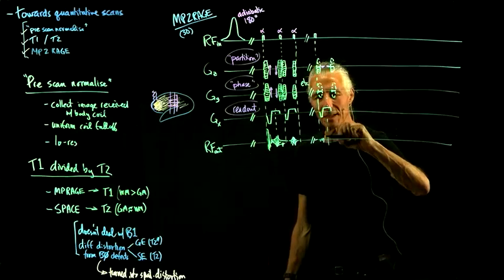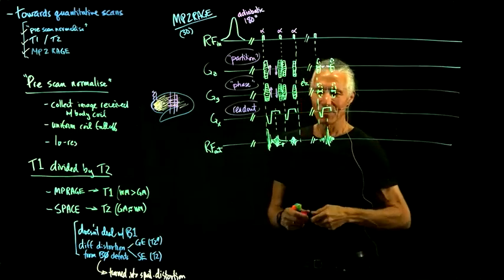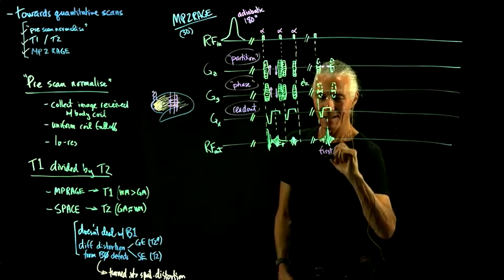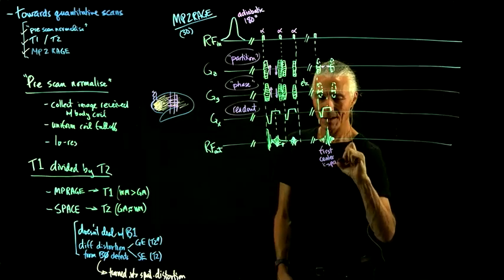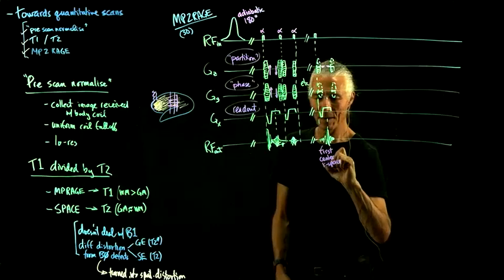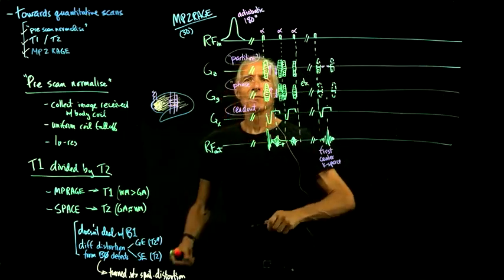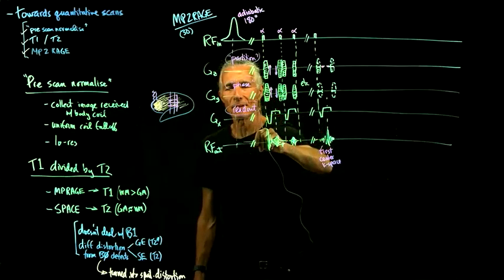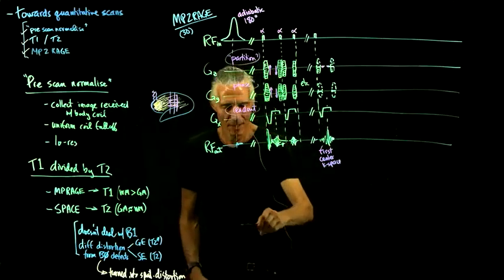So this is the center of k-space. But it's the first center of k-space. So what's going on in the overall picture? So at this point, if that was a good 180, you shouldn't get much of a signal out of it.